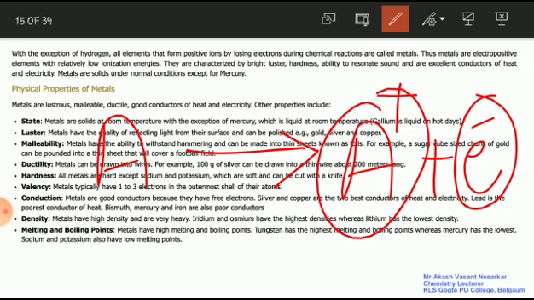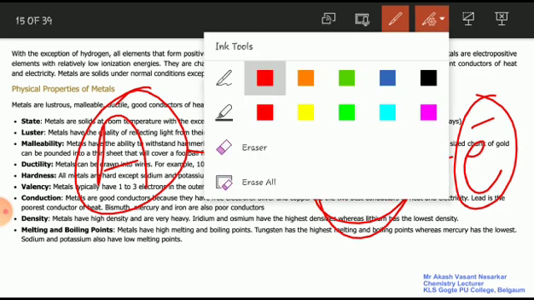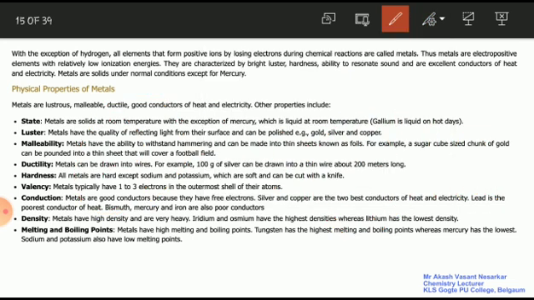So whenever the element carries a positive charge, it turns from atom into ion, and therefore this positive ion is known as a metal. So all the elements that form positive ions by losing electrons during a chemical reaction are called metals. So metals are electropositive in nature by losing their electrons.